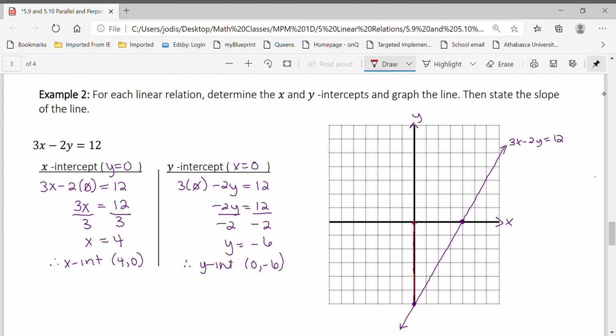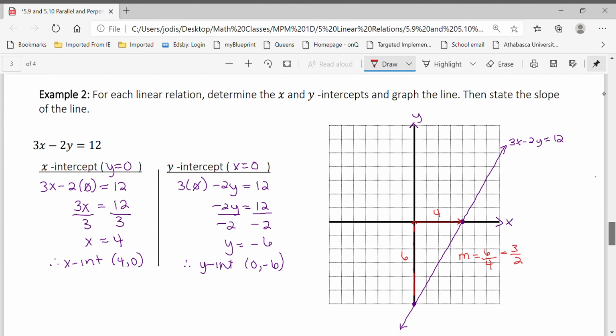Up here would be 6, and to the right is 4. So my slope would be rise is 6 and my run is 4, but then we need to reduce, so it's 3 over 2.